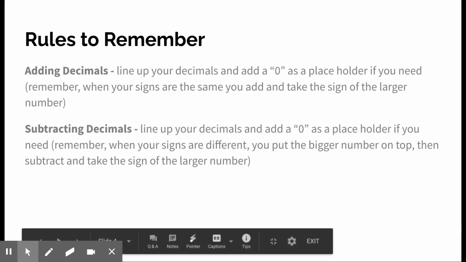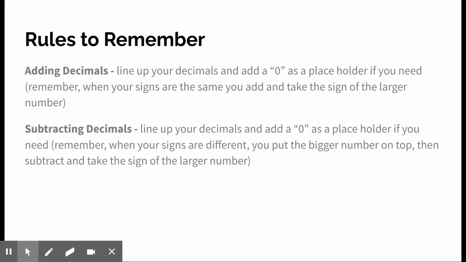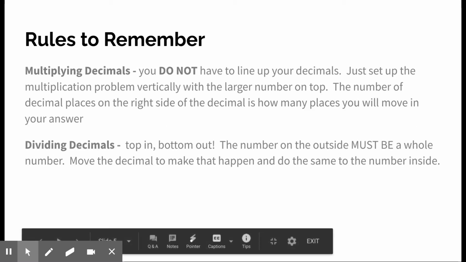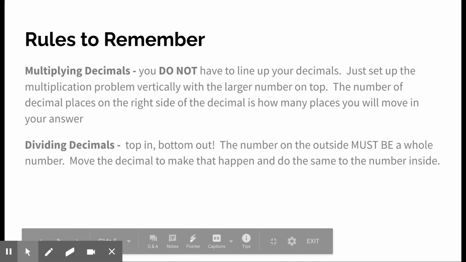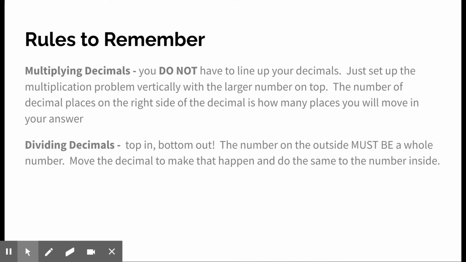You need to remember your adding and subtracting decimals. Same thing with your integers. Make sure you follow your integer rules. Make sure when you're adding and subtracting decimals that your decimals line up and that you put a placeholder when you need to. Multiplying decimals, you do not have to line up your decimals. You just set up the multiplication problem vertically with the larger number on top.